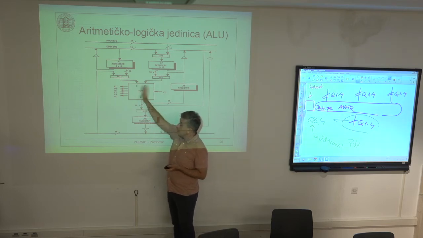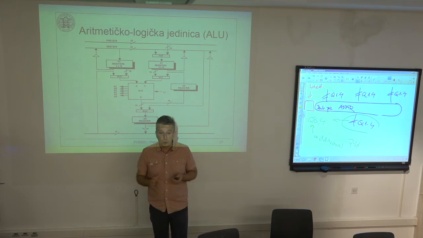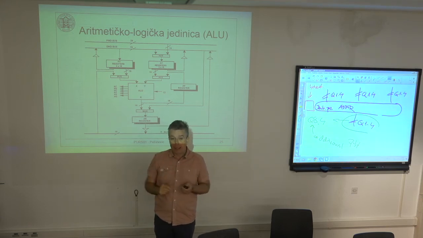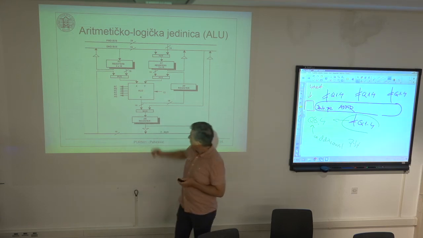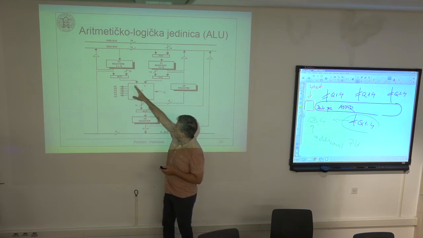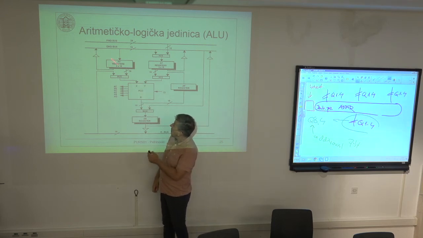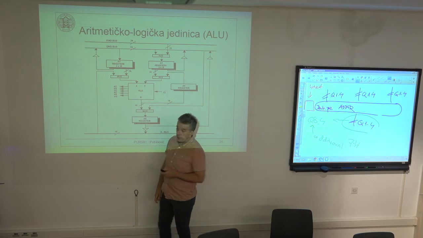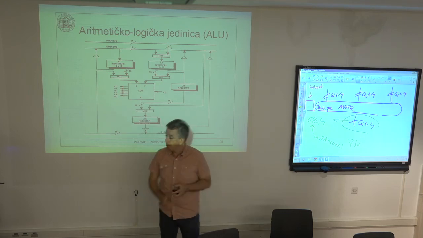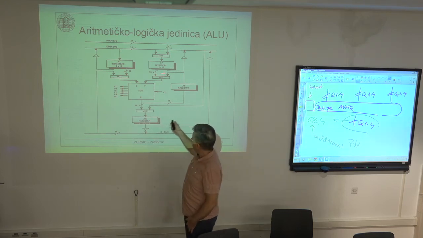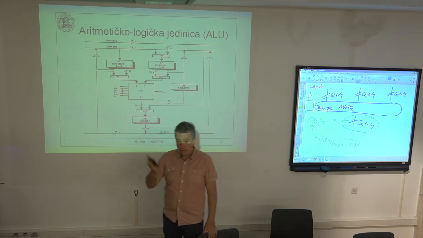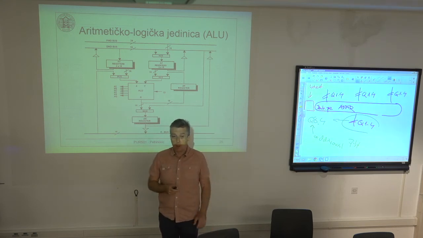So if you have this binary operation between 2 arguments, you have X and Y branch. X and Y branch come either from AX registers for the X case, or AY registers for the Y case. So left side, right side argument.